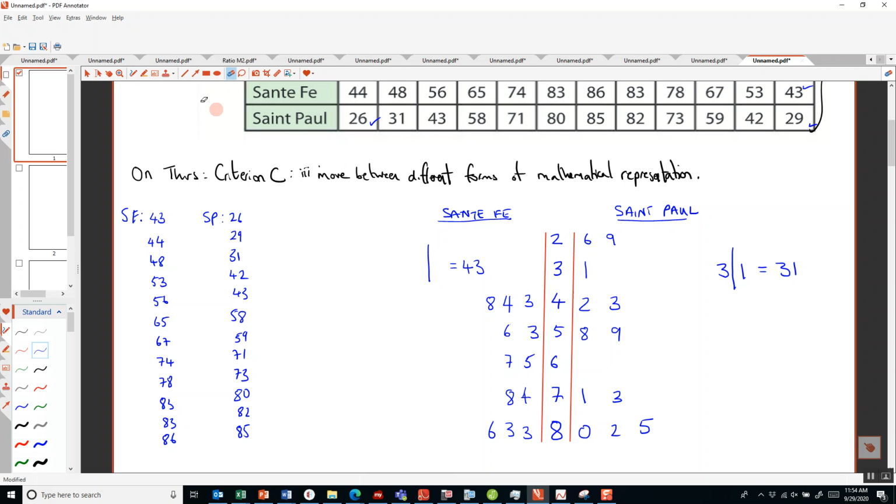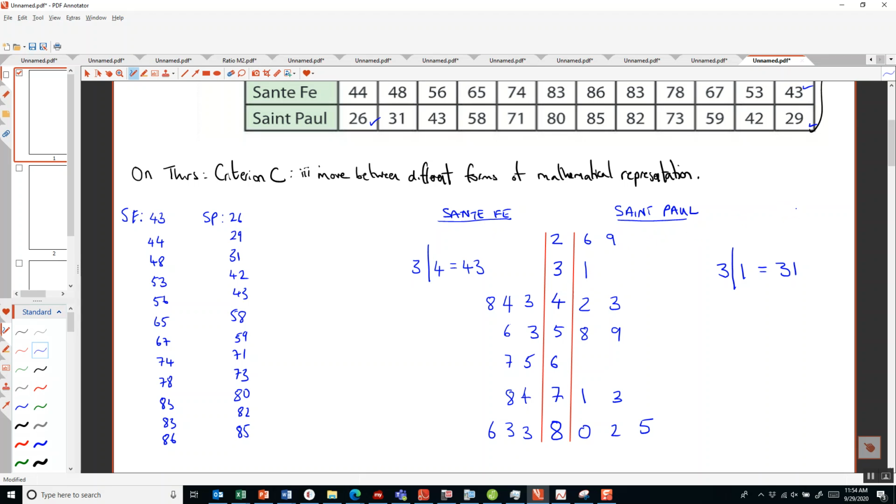Because it needs to look like what we have. This is what it looks like: we've got the 3, line 4, that represents 43, okay? Is everybody okay with that? So we've taken our information and put it into a back-to-back stem and leaf. We've changed the form of its mathematical representation.